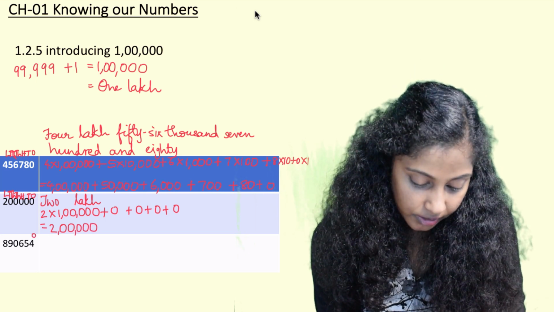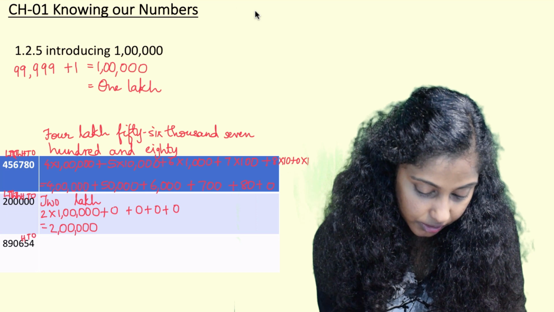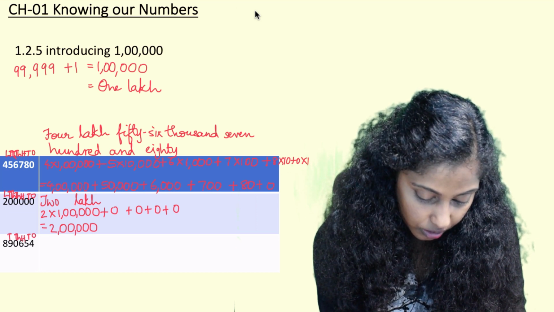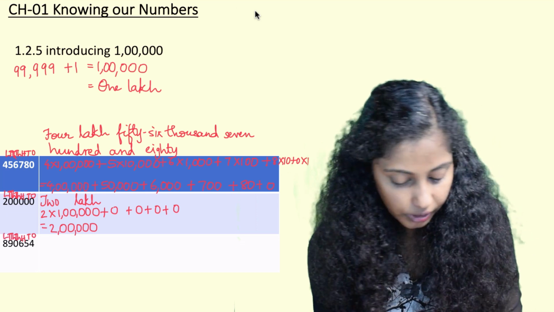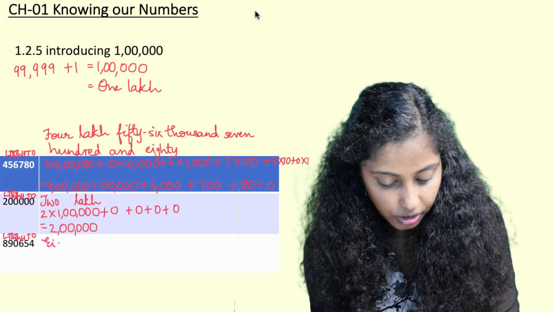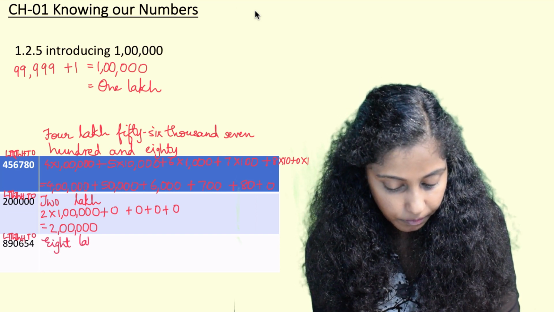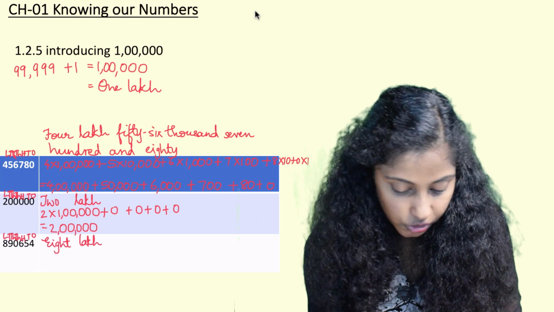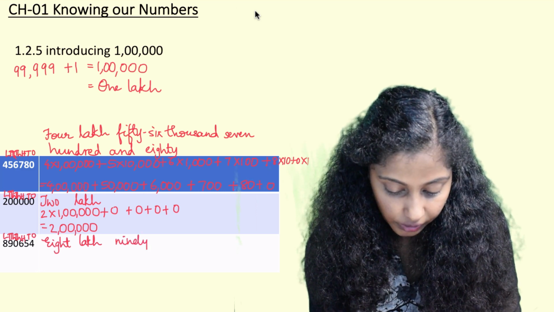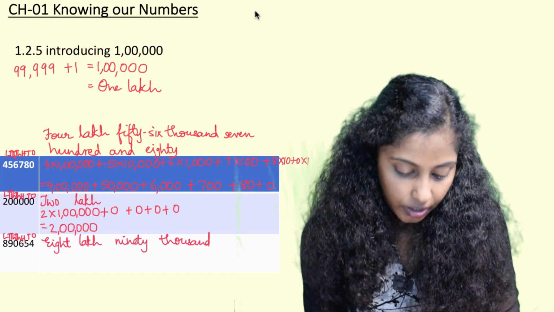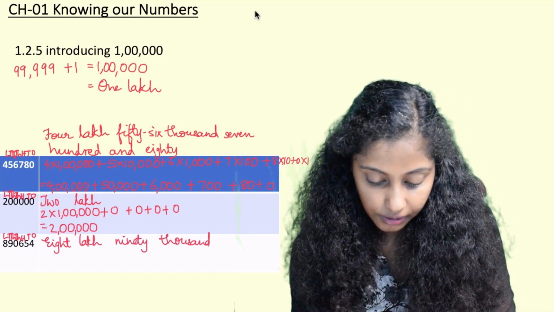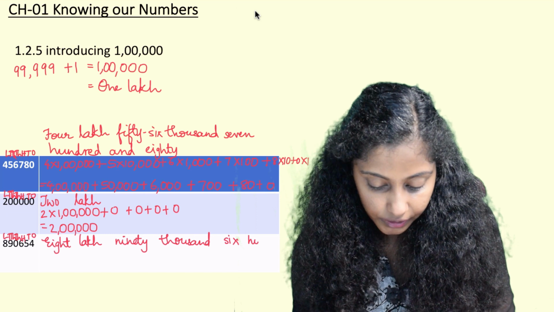Now here ones, tens, hundreds, thousand, 10,000 and lakh. So in lakh place we have 8. So we write 8 lakh. Then in thousands group we have 90, so we write 90,000. Then we write 654 in the next group.